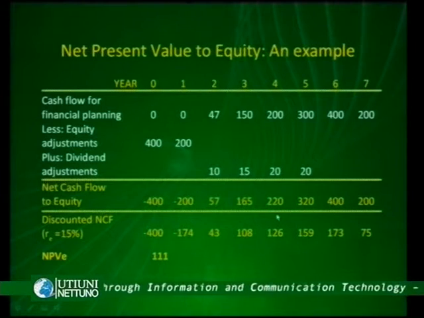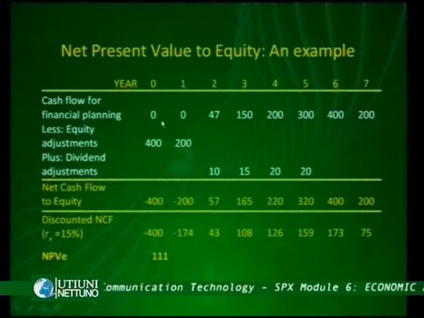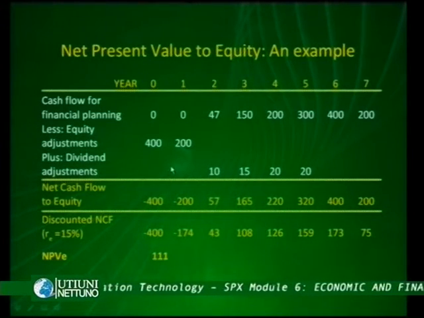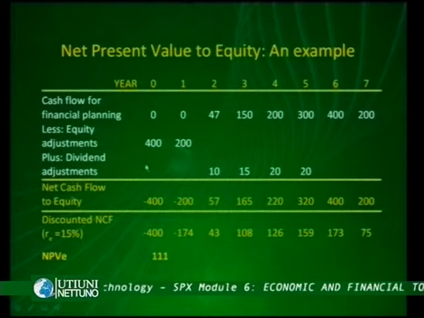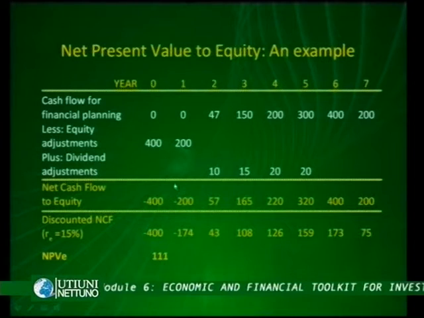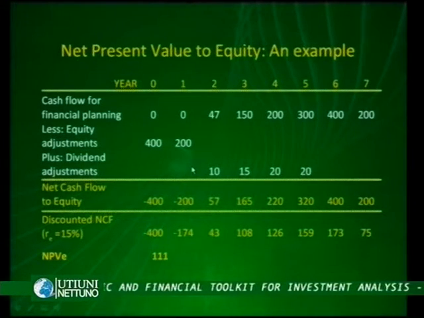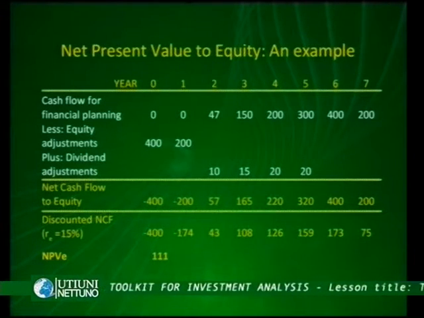So the result is here. The net cash flow to equity will be equal to minus 400 in year 0, where we have no cash flow for financial planning, and we have an investment made by equity holders of 400. Then we have minus 200 in year 1, where again we have no cash flow for financial planning, but we have an investment made in the project of 200 by the shareholders.